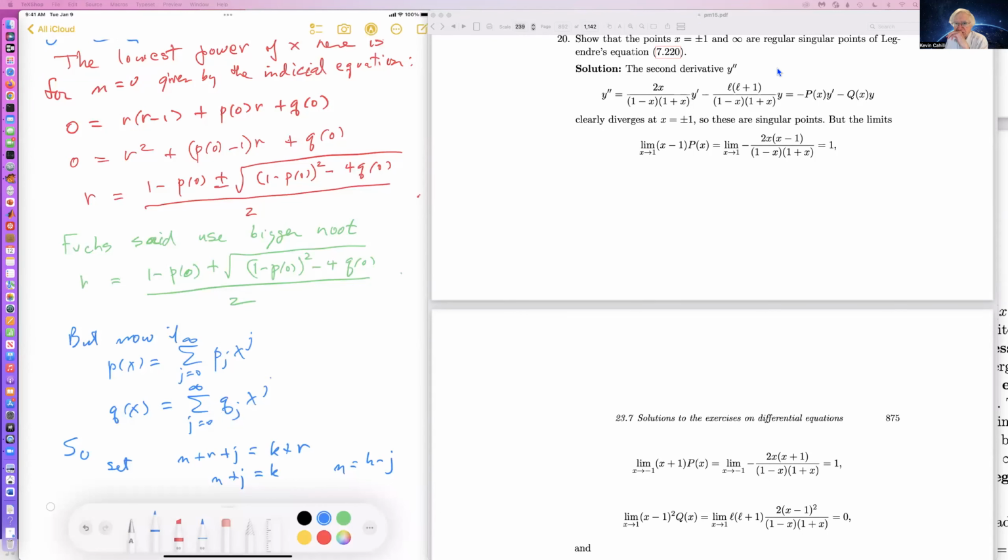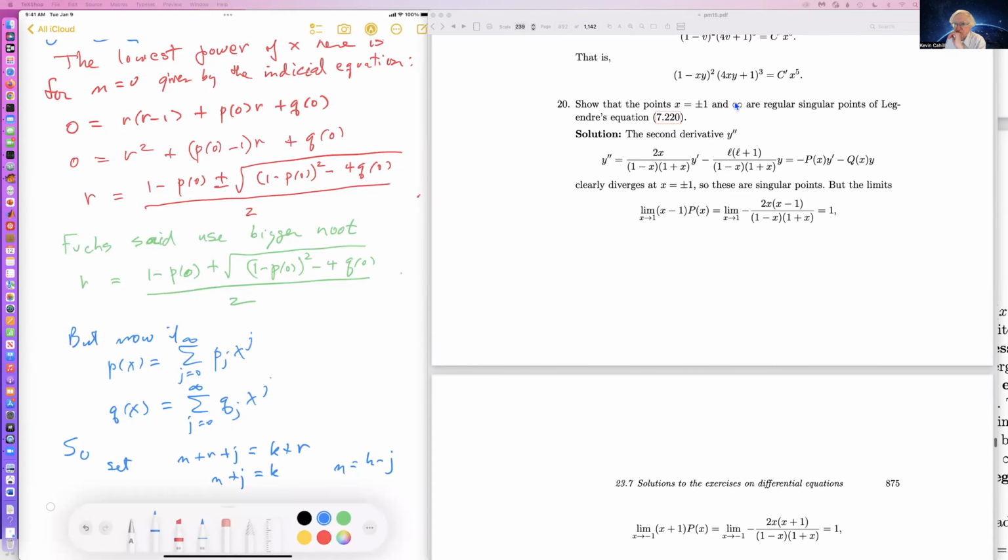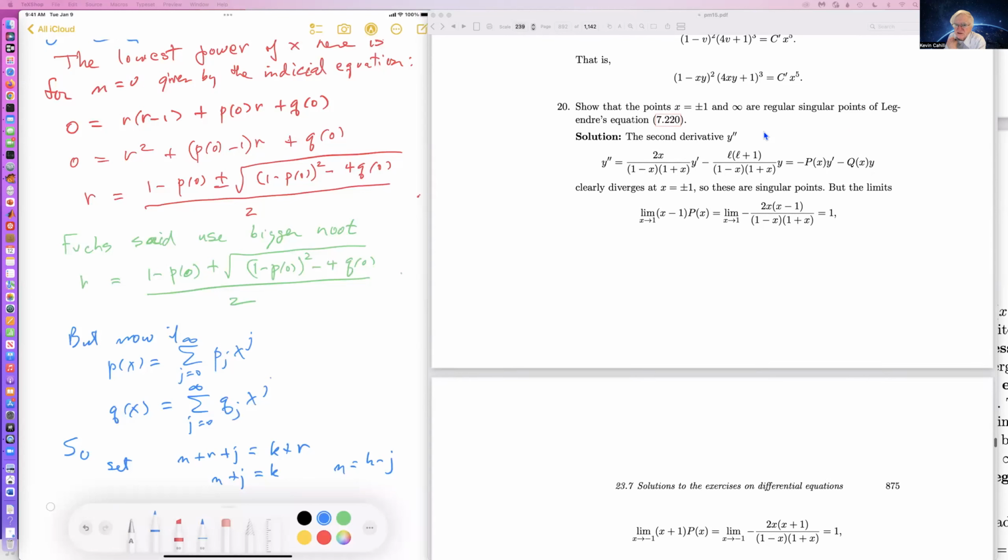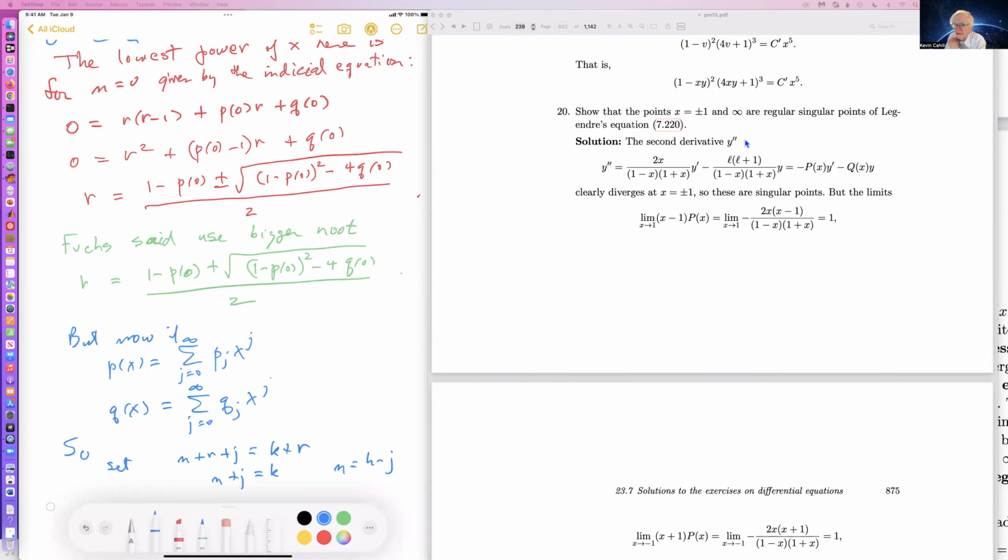So this is the solution here. And we want to show that these are regular singular points of the equation. So the second derivative of y is, just by Legendre's equation, 2x over 1 minus x squared y prime minus l(l plus 1) over that y.